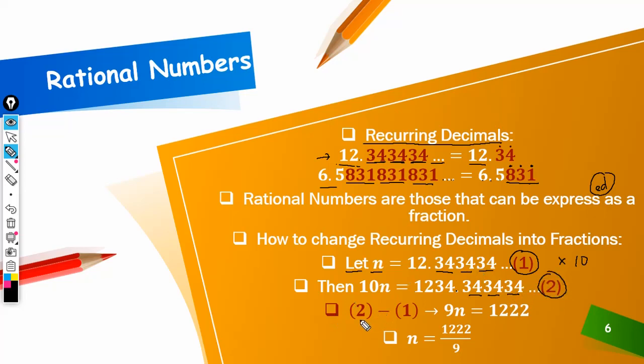Now after that we subtract equation 2 with equation 1. Jadi kita kurangi persamaan 2 dan persamaan 1. Okay. So to subtract that, we usually write like this. 10n equals 123.4343, and so on.